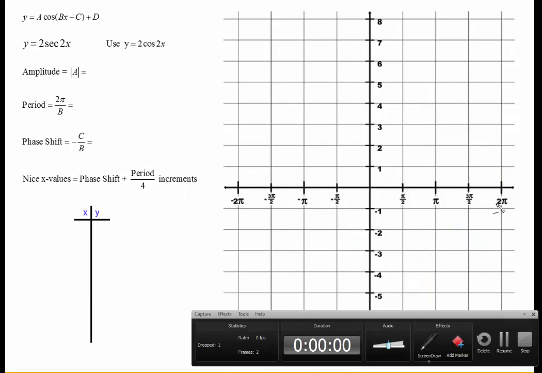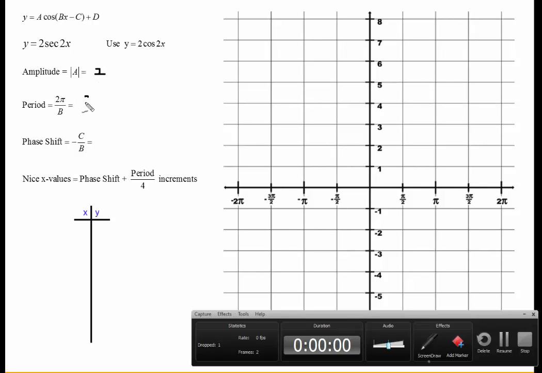All right, for our last example here, we're just going to do an example of a secant graph for you. And again, if you can graph sine and cosine, you can easily graph secant and cosecant. So we're going to use y equals 2 cosine 2x to graph its reciprocal identity cousin here. Running through the steps again, the amplitude would be 2.